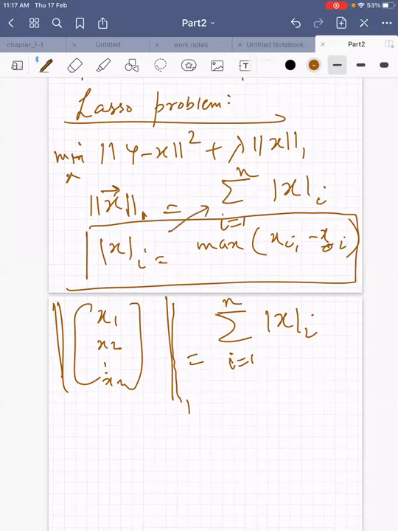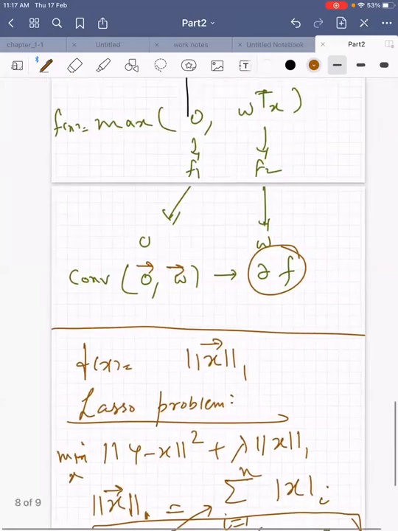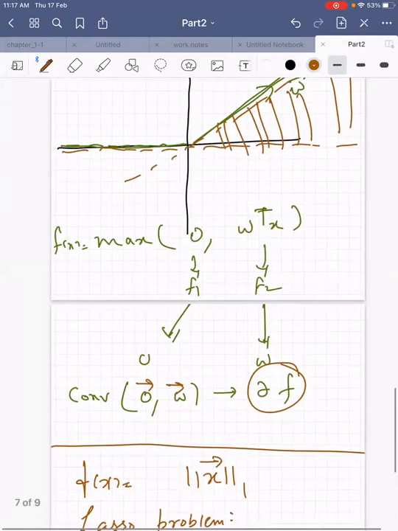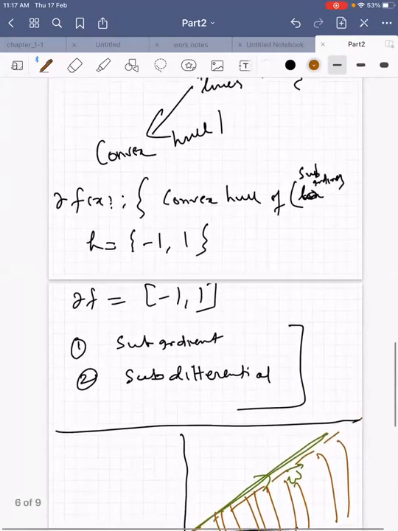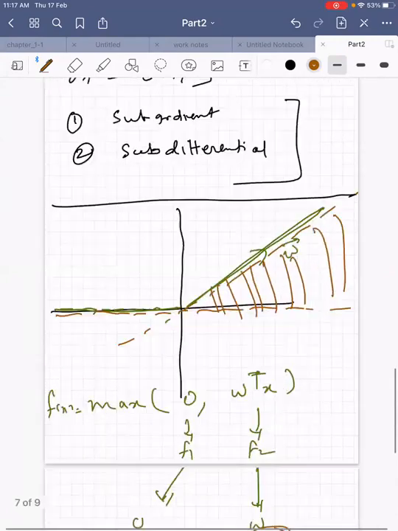How will you find the subgradient of the norm of x1? I'll give you 1 minute. Look, you just have to find the gradient. We have already done this before. We found it for mod x when x is a scalar. Now I just vectorized it, but it will not change anything.